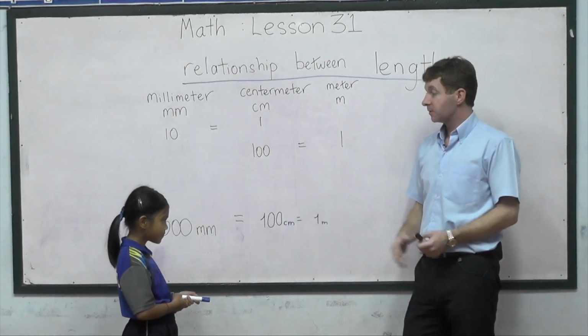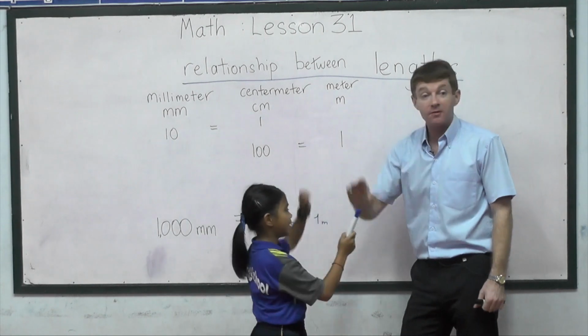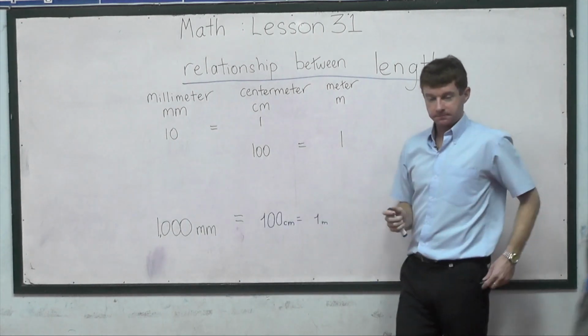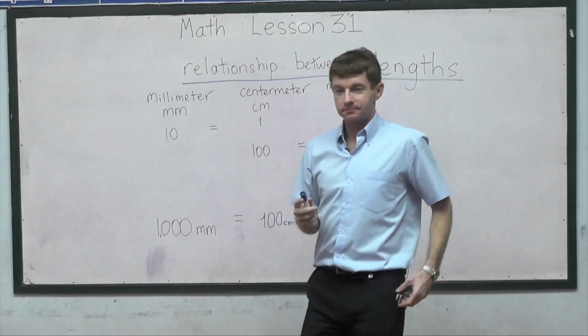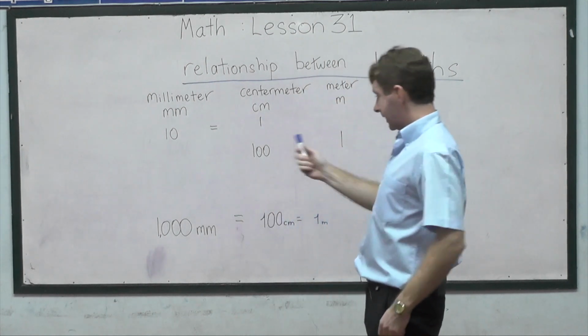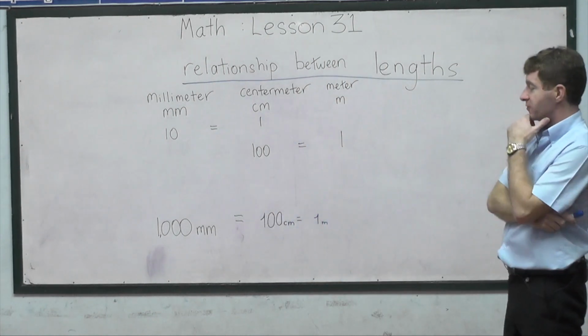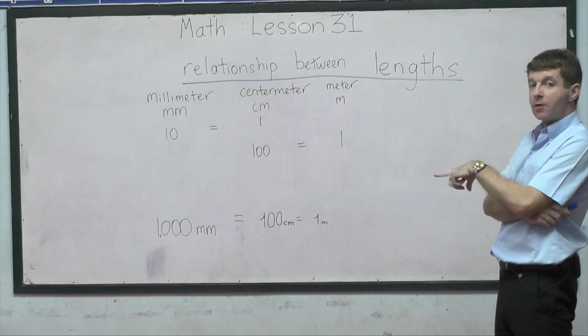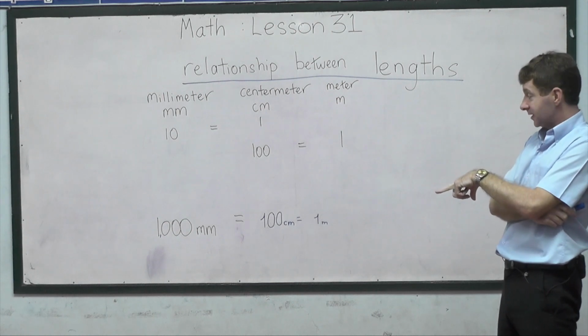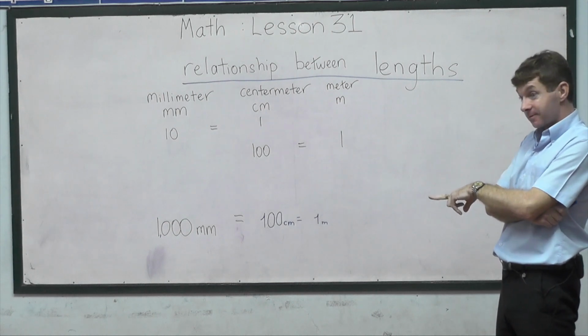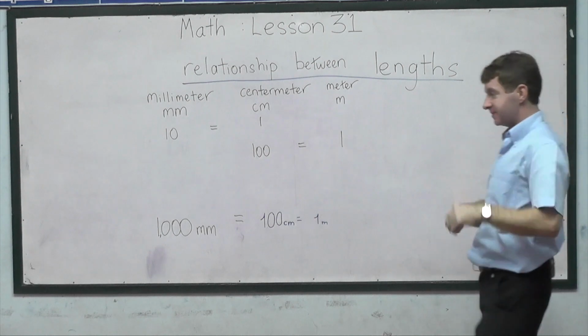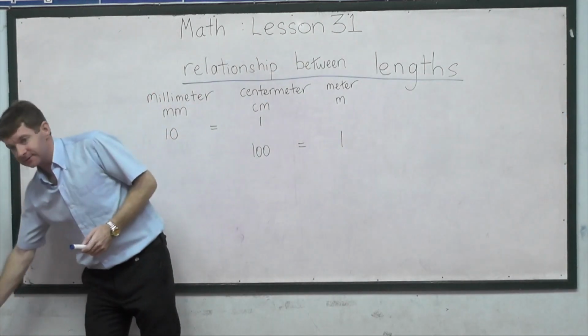Okay? High five. Round of applause for Pak Bung. So take a look. Make sure you remember your frame of reference. 1,000 millimeters, 100 centimeters, 1 meter. Eyes, please, guys.